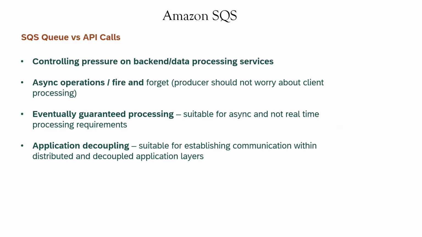They don't have tight binding or dependency on one another, and they are hosted on different environments. But for communication, they are connected with one another through an SQS queue. So it plays a very significant role in application layer decoupling and distributed architecture.